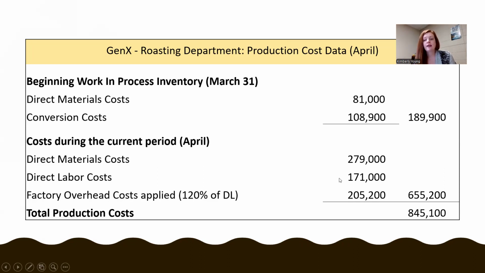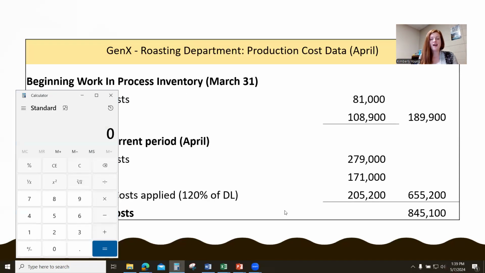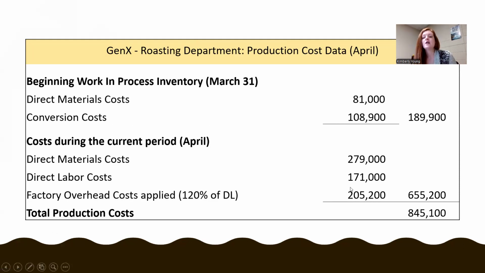We add more direct labor of 171,000, and then we add more factory overhead, which they're telling us they're assigning at 120% of this 171,000 direct labor hours. So let's just check their math. 171,000 direct labor hours times 120%. Yep, that means our factory overhead that we applied, remember that's an estimate from last chapter, was 205,200.